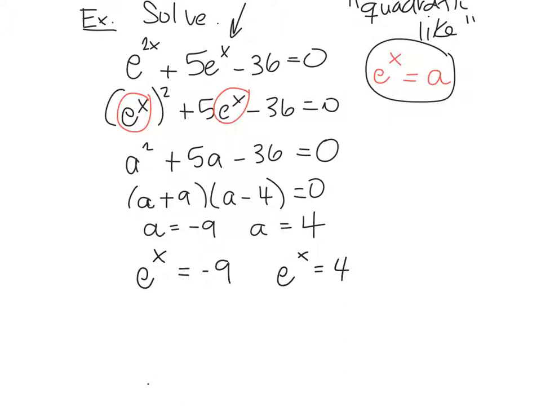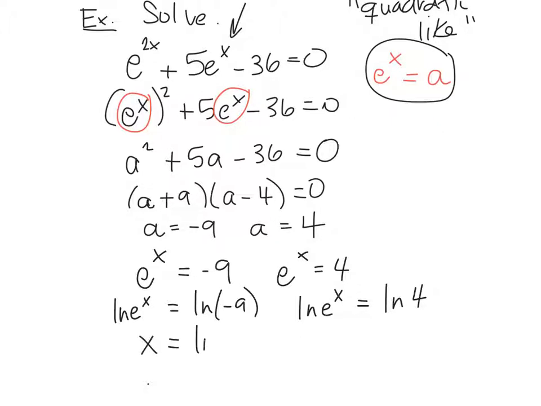In this case, I'll take the ln. So I have ln of e^x equals ln of −9, and ln of e^x equals ln of 4. Now when I have ln of e^x, I'm just left with my exponent. So I get x = ln(−9), and x = ln(4).